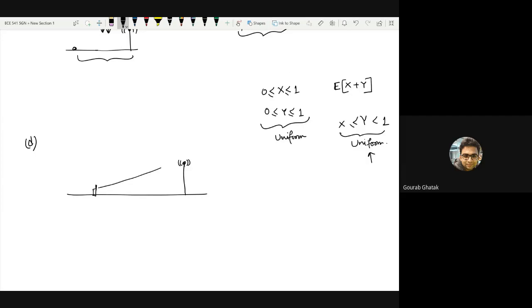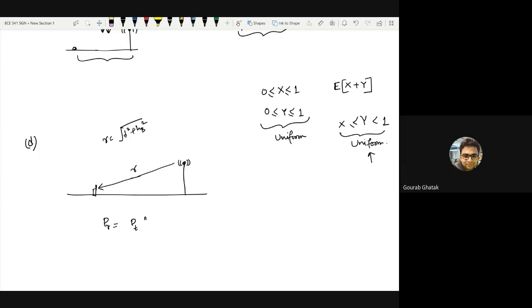So we have some power, let's call it PR, which is simply the transmit power, right? And the distance, let's call it D, or let's call this R. So R is basically the square root of D square plus HB square.